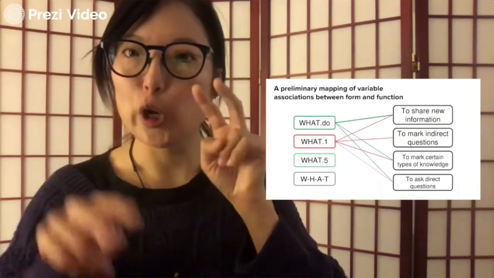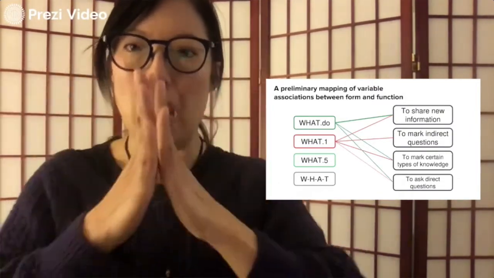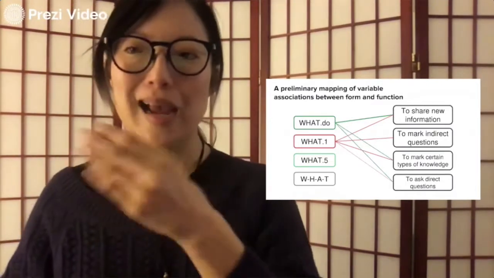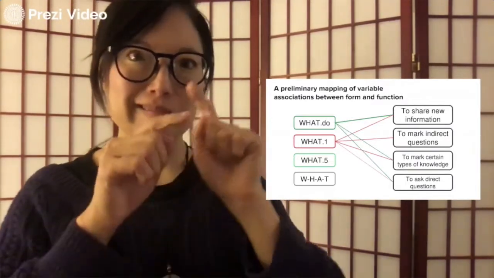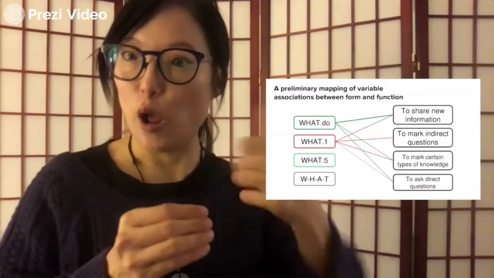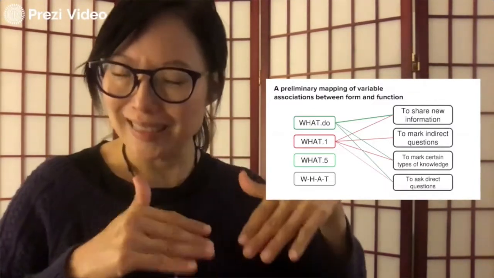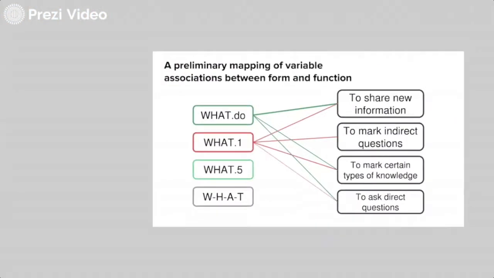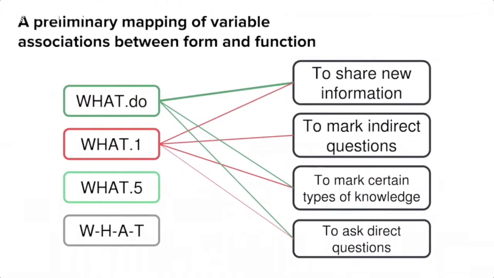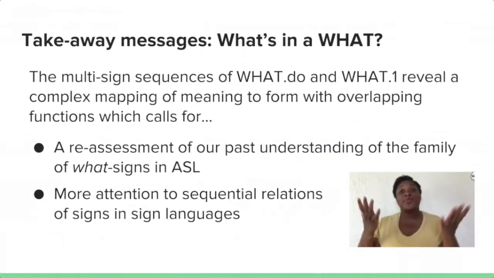In future research, we will look at the mapping between what five and the hashtag what, and those functions listed, in addition to other functions, perhaps even identify new ones that we have not yet found.